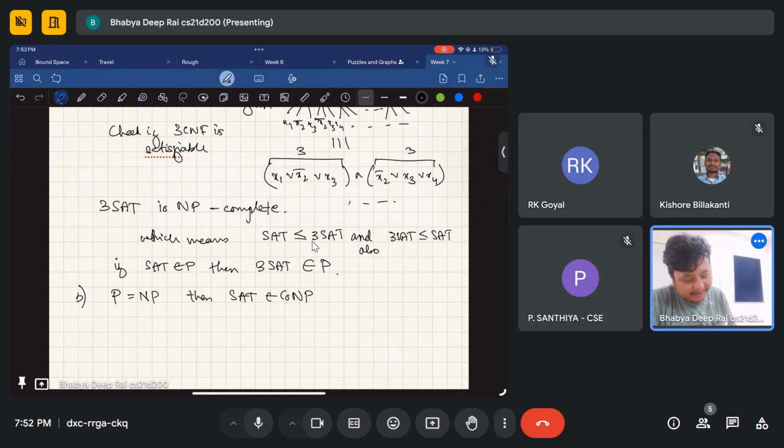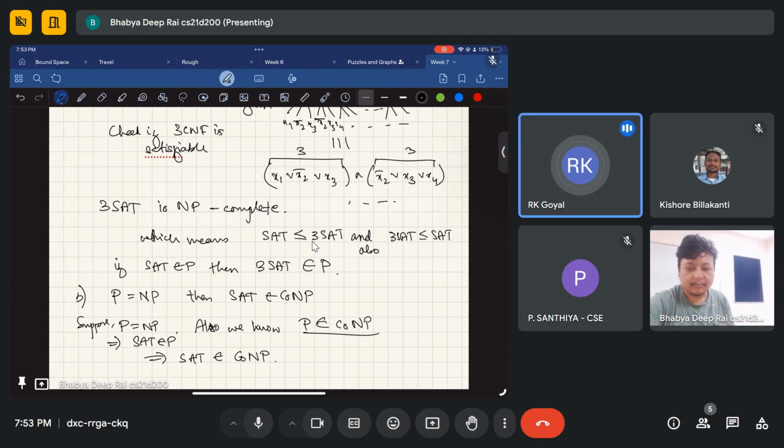Suppose P equals NP, also we know that P is in coNP. Now what does P equals NP mean? That everything in NP is also in P, which means SAT is in P. So we know that P is in coNP, which implies that SAT is in coNP also.